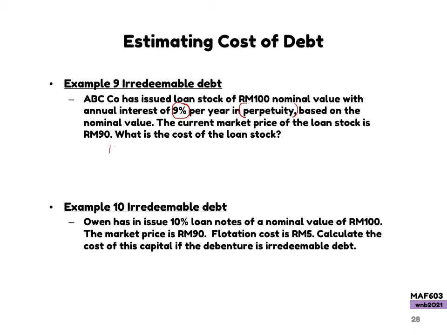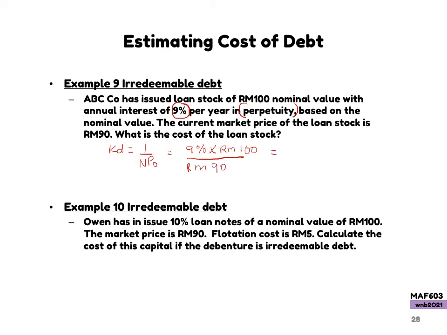So we know that to find KD equals interest I over net price. So interest is 9% of nominal value. Nominal value here we have 100 ringgit over net price. The price here we do not have flotation cost, so net price is 90 ringgit.